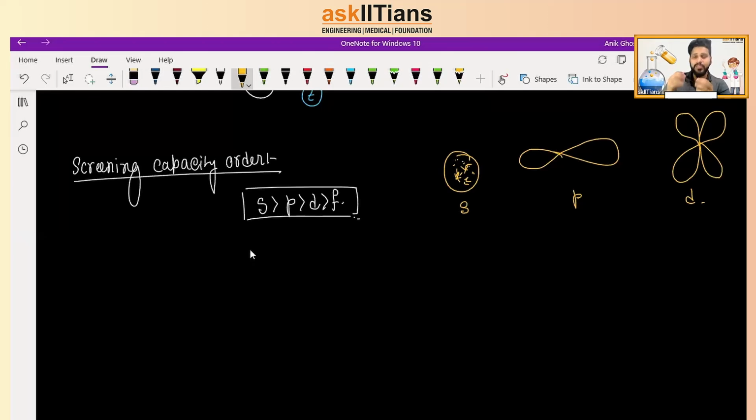Now if the cloth is very thin, then the blocking of light would also be less. But if the cloth is very, very thick, then it would block more light, correct? So considering that, as the thickness or density goes, the S subshell is the highest, so that means its screening power is also going to be highest.